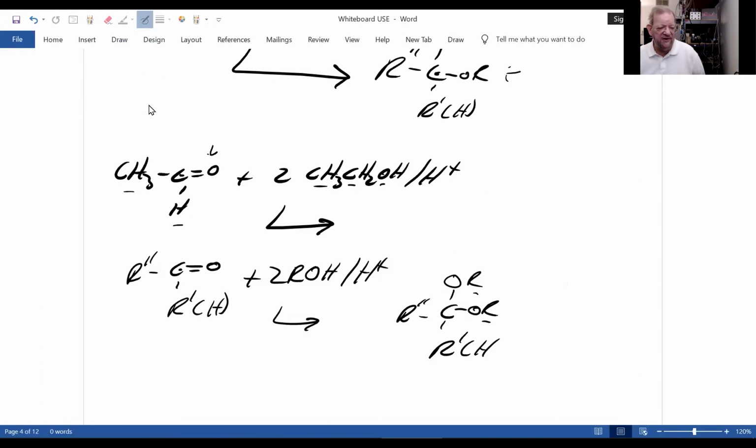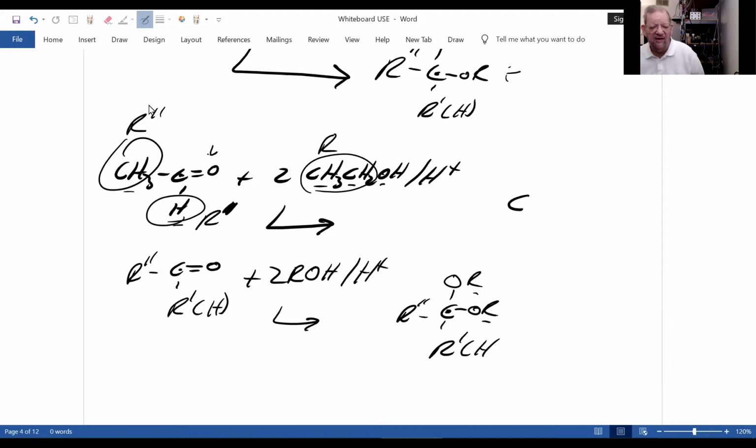Now, if we look over here, R prime is the hydrogen. R double prime is methyl. R is ethyl. So I'm going to keep my eye on this carbon, which becomes this carbon. I'll have two oxygens.